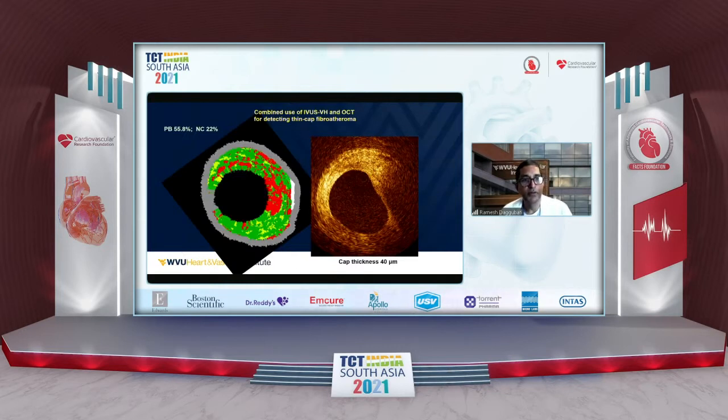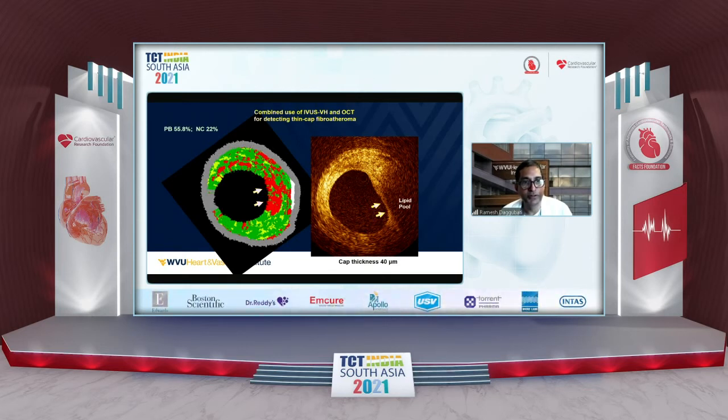So you can see, plaque burden and virtual histology are of great help, giving us much more information, similar to OCT, on the plaque burden and how much of a necrotic core is there. This is what I think is much more useful than grayscale alone: the combination of IVUS with virtual histology gives us a very clear idea of where the lipid pool is, similar to OCT here.